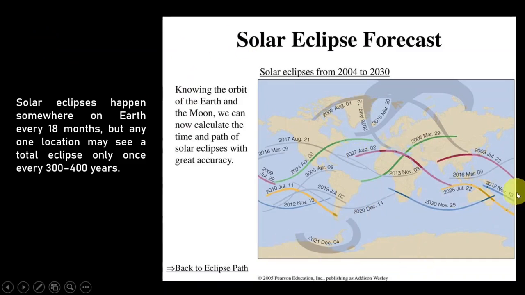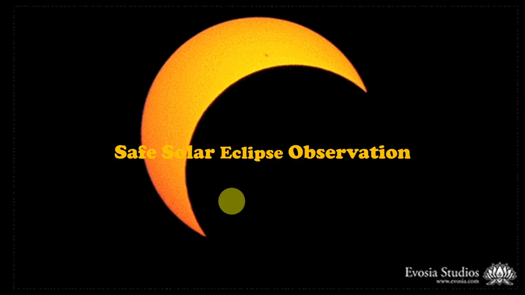Look at this path. As an eclipse happens in this path, it's not going to happen in this path again until after 300 to 400 years. That is why you don't notice it, because of celestial dynamics.